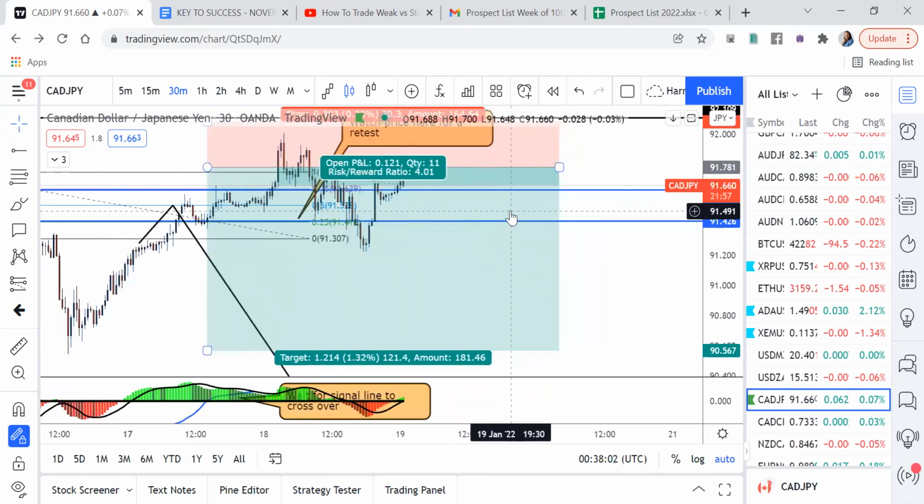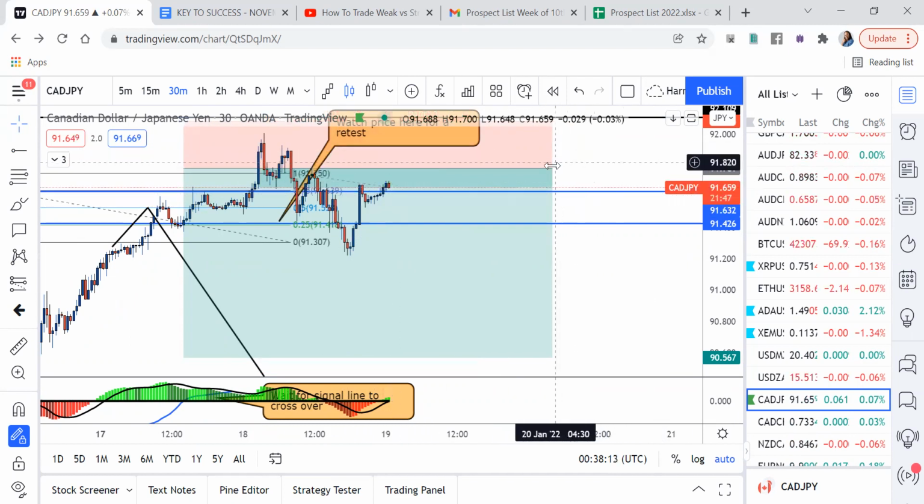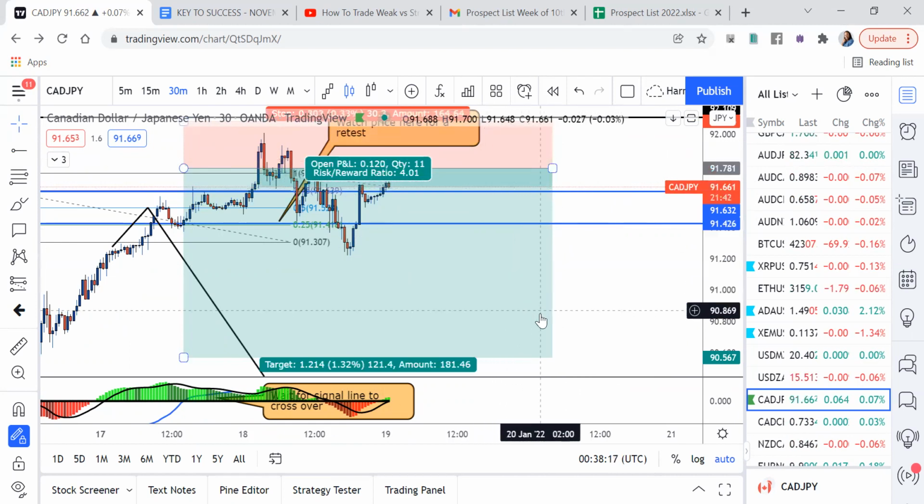Price came down, so we did go into some profit, but now price is coming back up. This is why I gave you guys the sell limit order. So I gave you a limit order back here at entry for you guys to potentially participate in this sell down as well.